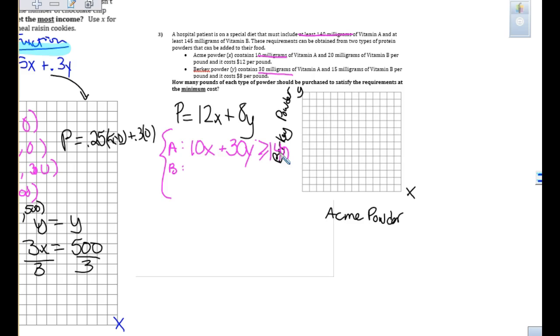So now we got to go to B. Well, B is made up of 20 and 15, and we know B has to be at least 145. So what does that equation look like? 20x, nice, plus 15y, greater or equal to 145, right?